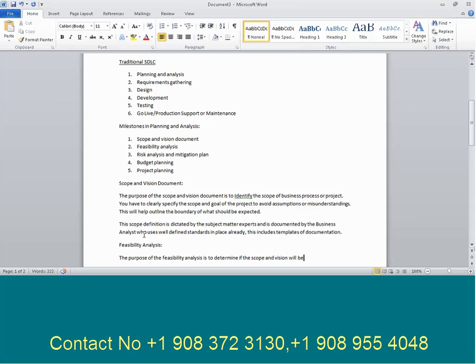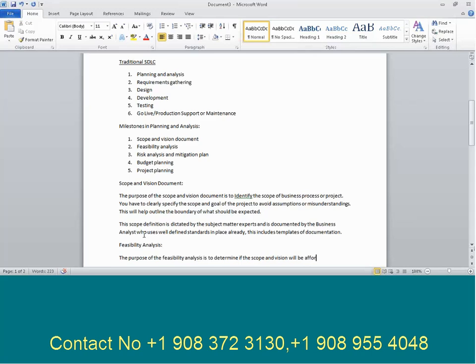Is it really worth it? Is it really feasible from the business perspective to spend $1 million on this project? Because if I'm not getting enough returns on the money and time that I'm spending, then why would I do it? So all these are things which are analyzed as part of your feasibility analysis.